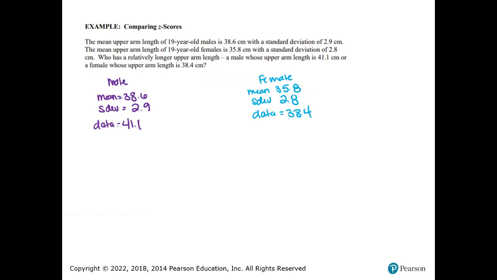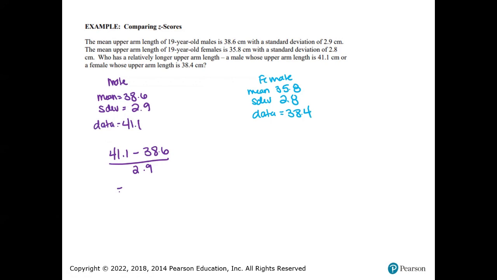Again, we're doing relative because it is based specifically on their gender and how they compare to the remaining in their gender. Okay, so we are going to take our data value. Let's start with the males here: 41.1, subtract the mean, and divide that result by the standard deviation.